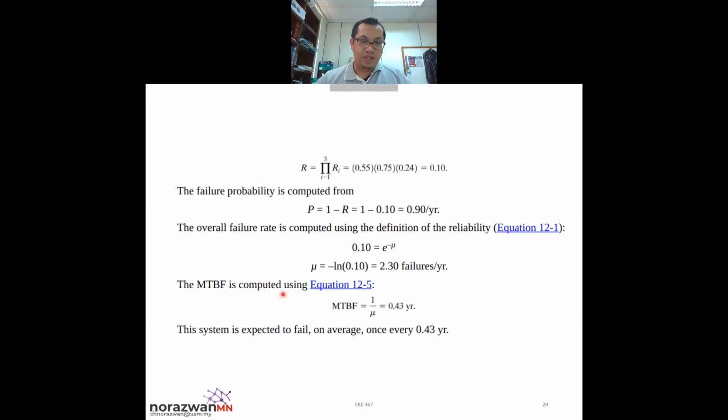Then the MTBF is computed using 1 over mu, a normal equation. So it is 0.43 year, not even half a year. That is the mean time between failures.